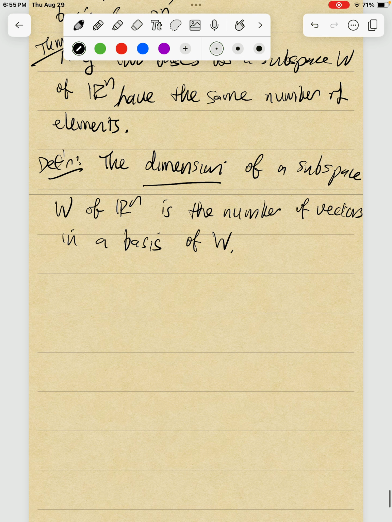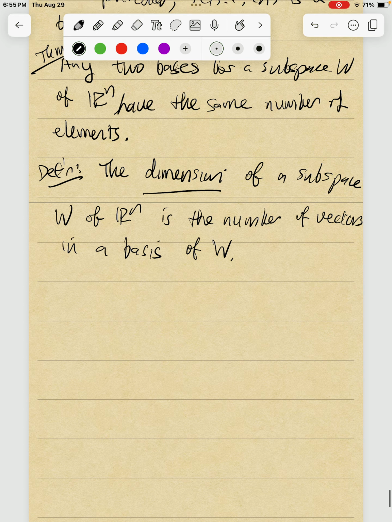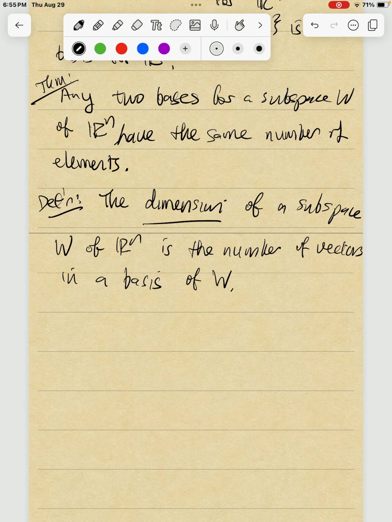I mean, would the dimension be 5 or 16, right? In math, the lingo is that the term dimension would be not well defined, meaning it depends on the choice of a basis. But the theorem says that it doesn't matter which two bases you have.